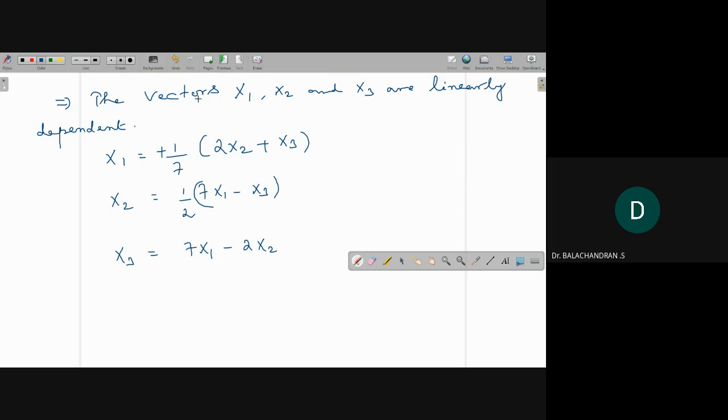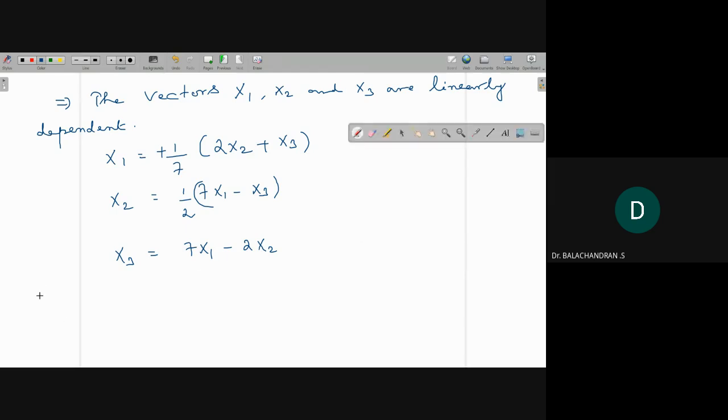So now method 2. I am going to convert into row echelon form. What is the given matrix A?